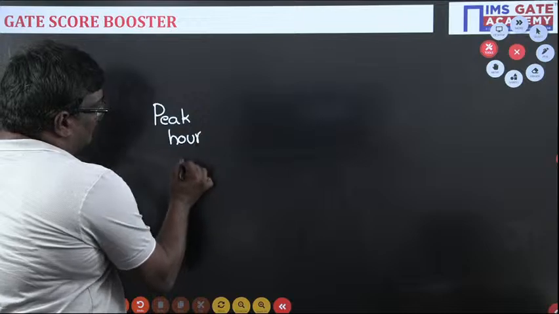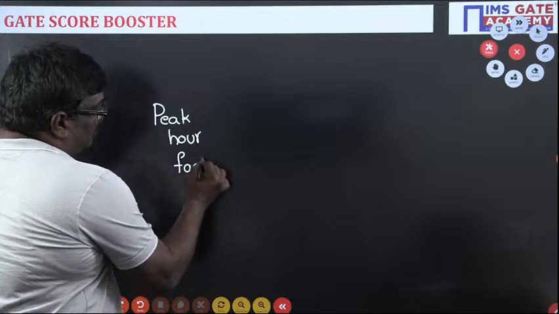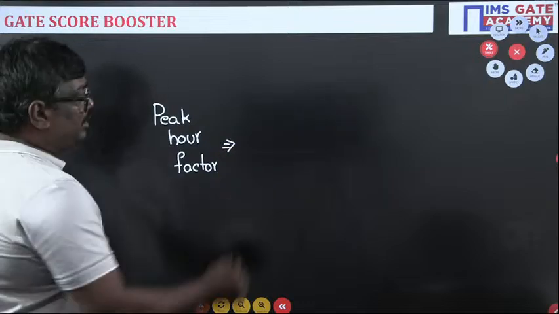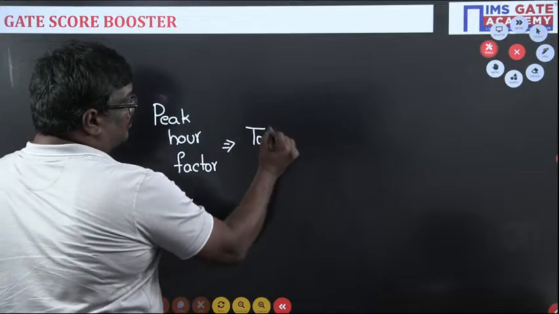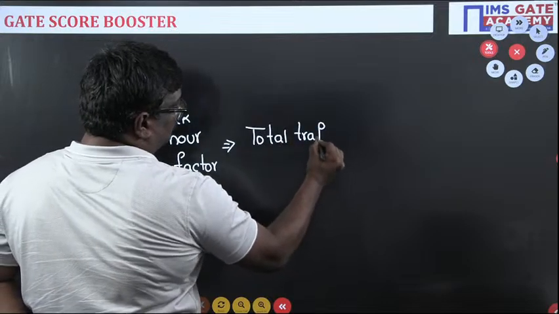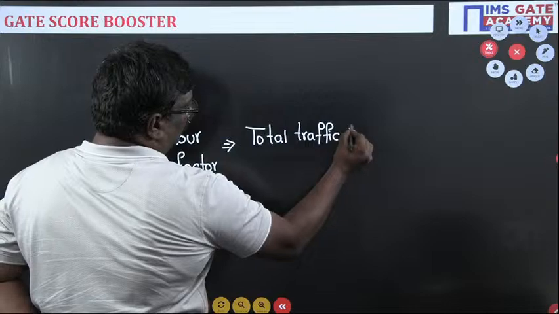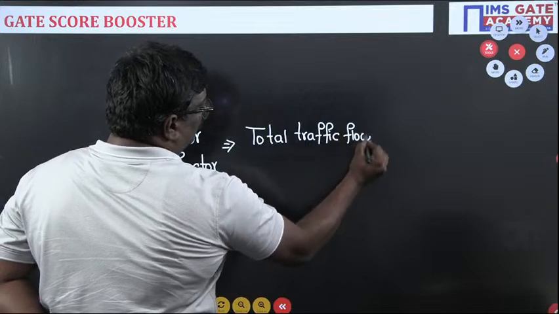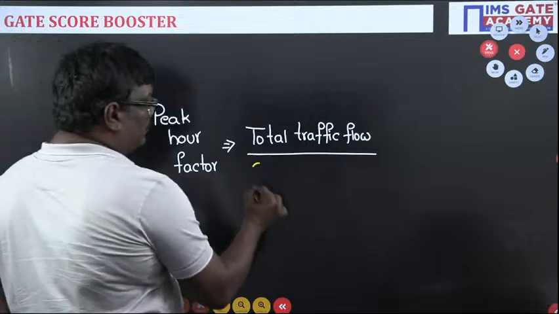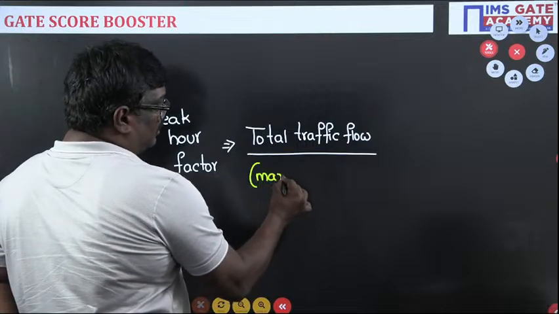is given by the formula: peak hour factor is equal to total traffic flow upon, I told you, the maximum vehicle count.